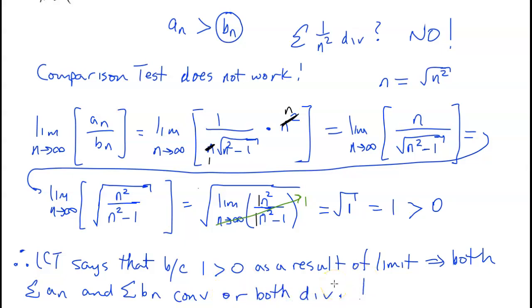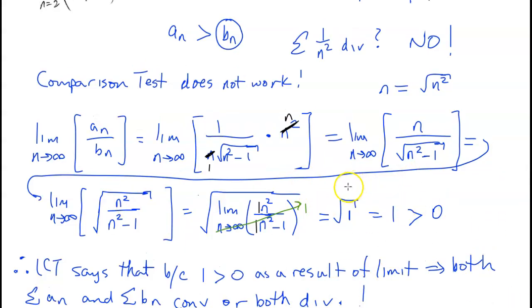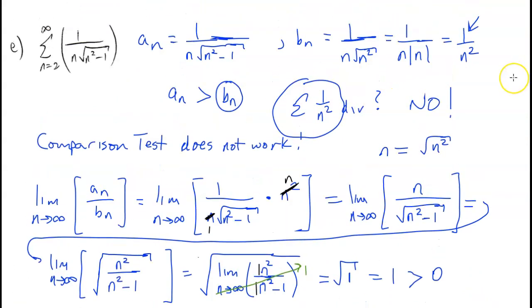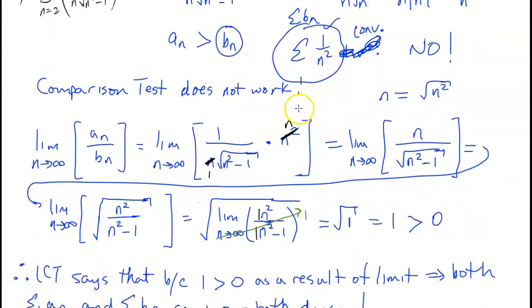Okay. And so we already know, if we go back up here, that this particular series, which we compared to the b sub n one, so remember this is what the b sub n was, converges because it is a p-series where p is greater than 1. Since this converges, we know that our corresponding series with a sub n will also converge.